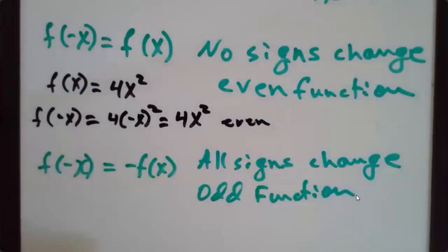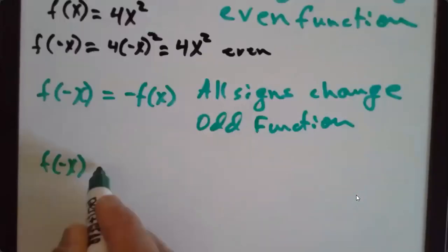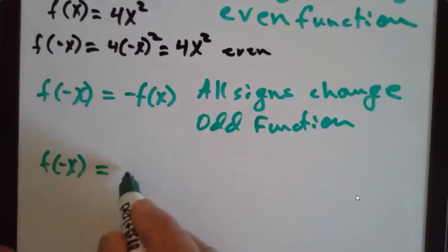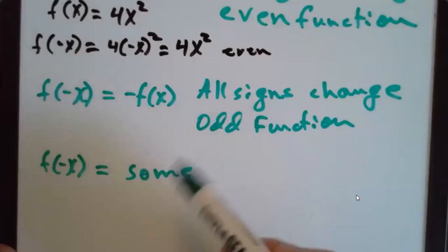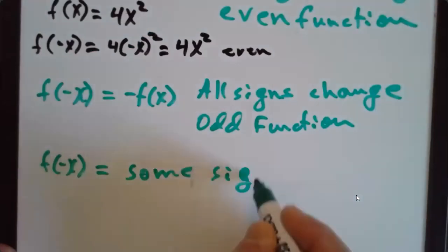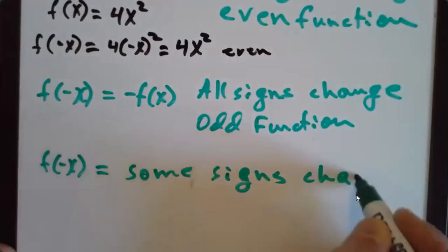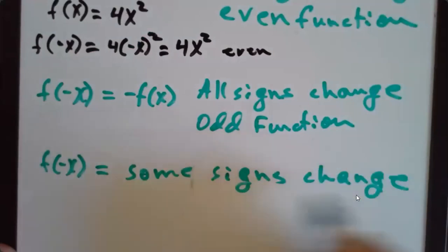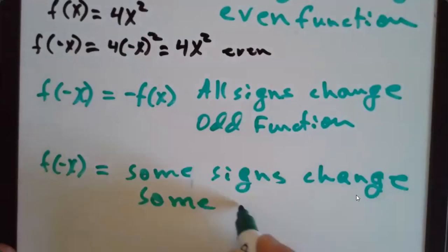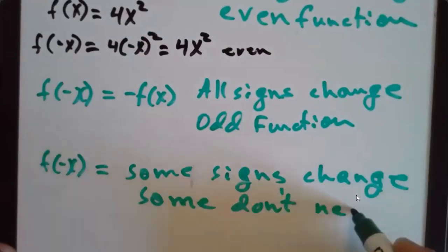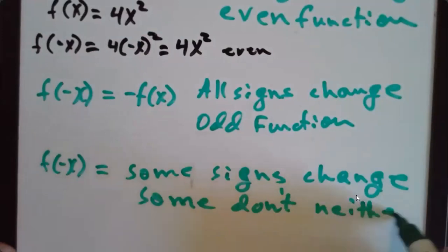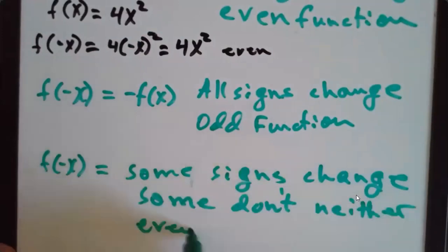And then if you substitute negative x in, and some signs change and some don't, then it's neither even nor odd. Neither even nor odd function.